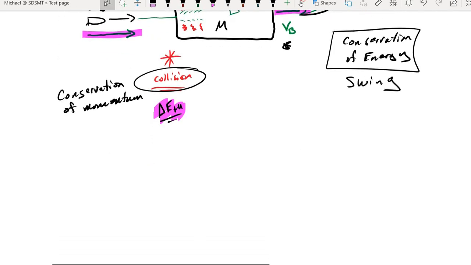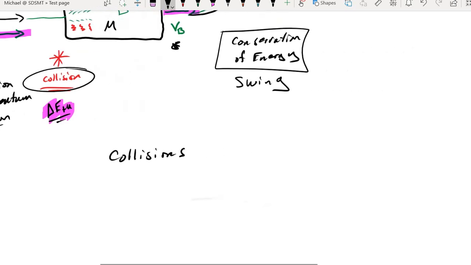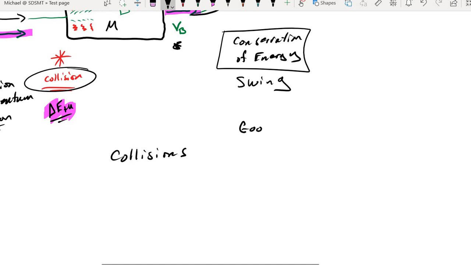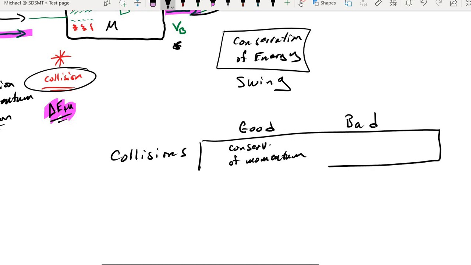So let's summarize. When it comes to collisions, what's good to use during collisions and what's bad to use during collisions? Well, conservation of momentum is good to use during collisions because conservation of momentum doesn't require us to keep track of any energy that's lost due to heat.